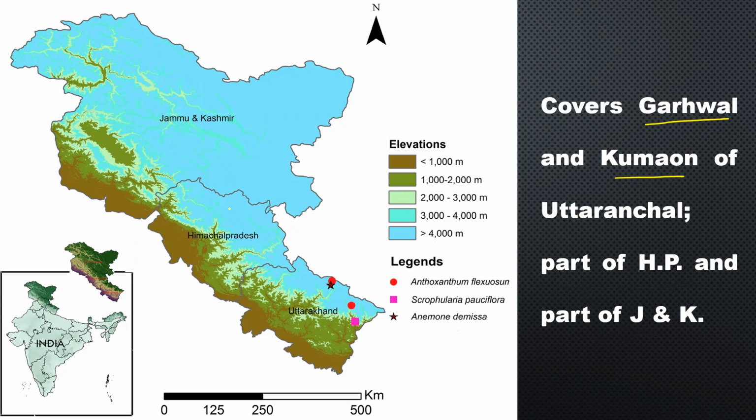So you can see here, I just changed the color. It will be easier for you to see. Jammu and Kashmir, right? Parts of Jammu and Kashmir here. You can see this. Parts of Himachal Pradesh also, and you have Uttarakhand here, right?